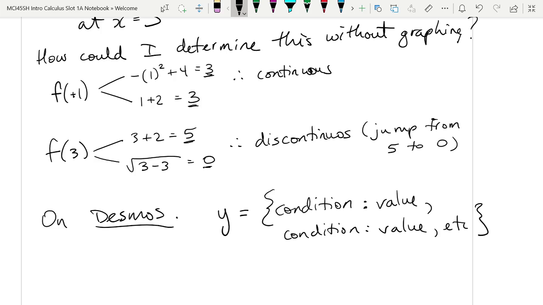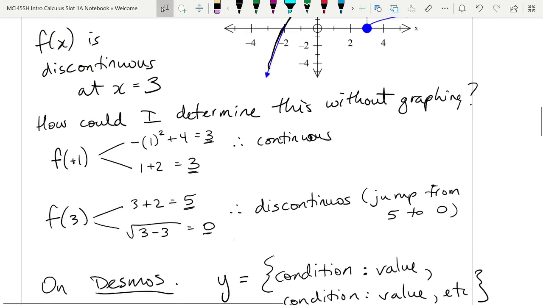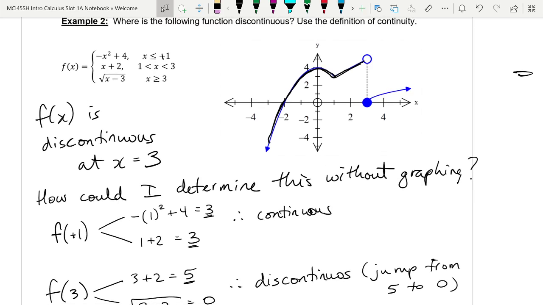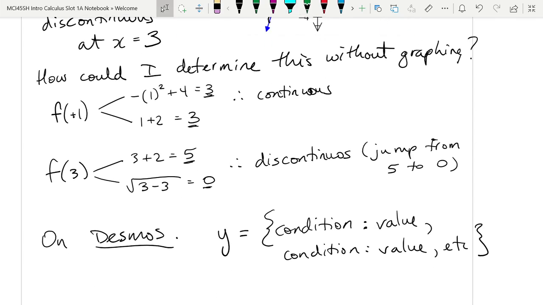You kind of have to type it in backwards of the way that you would look at it on paper. In other words, you have to put the domain restriction first. So this part here, of course, is the domain restriction, then a colon, and then the actual value of the equation.